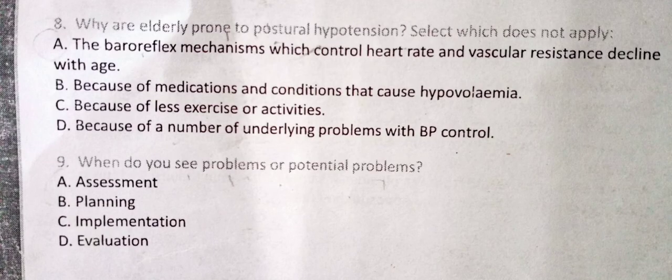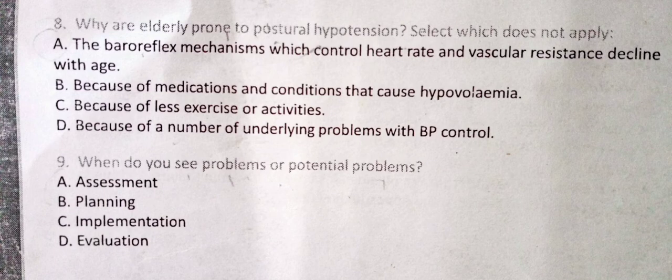Question number 8 is why are elderly prone to postural hypotension? So the options are option A, the baroreflex mechanism which control heart rate and vascular resistance decline with age. Option B, because of medications and conditions that cause hypovolemia.